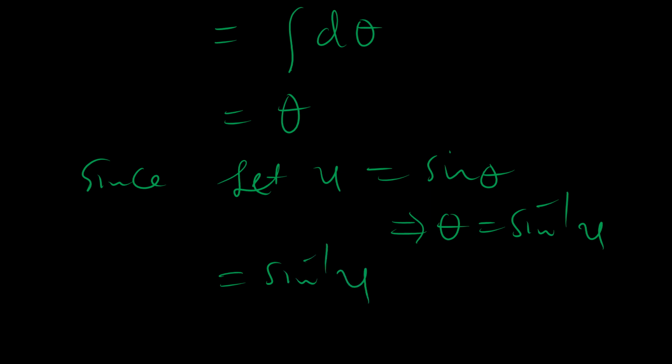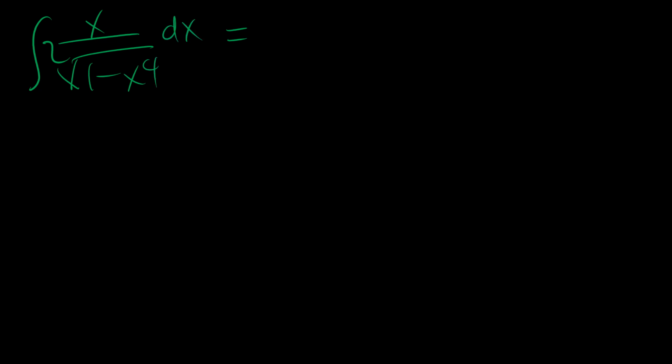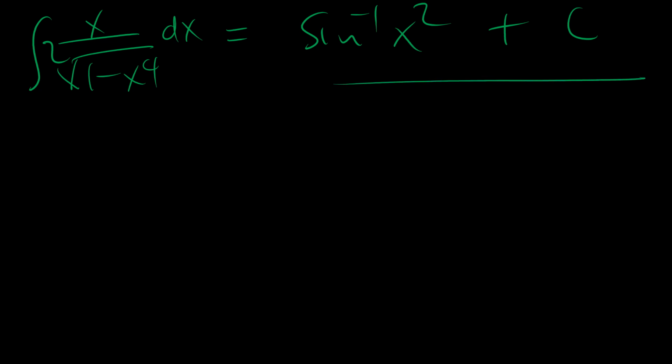But since we also said let u be equal to x squared, that means that our integral of 2x over square root of 1 minus x to the power 4 dx is the arc sine of x squared plus the integration constant. That is our answer. Okay, so that was a simple one.